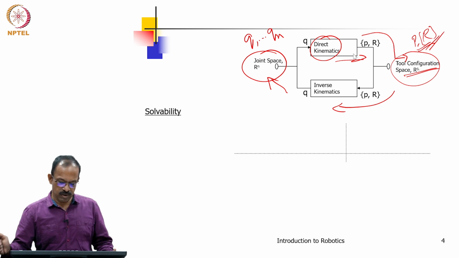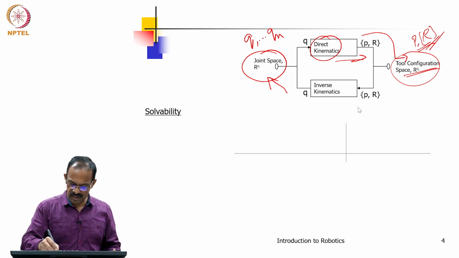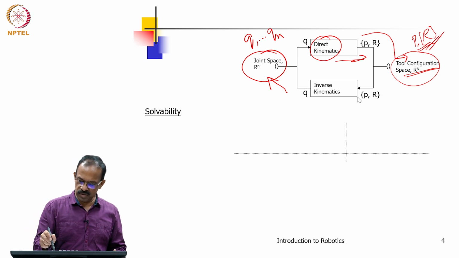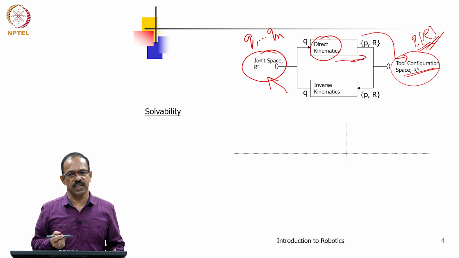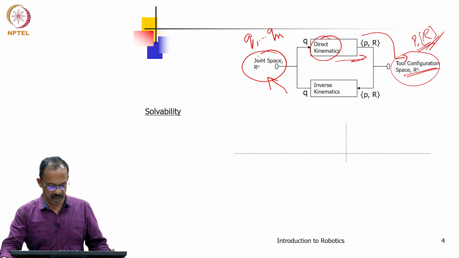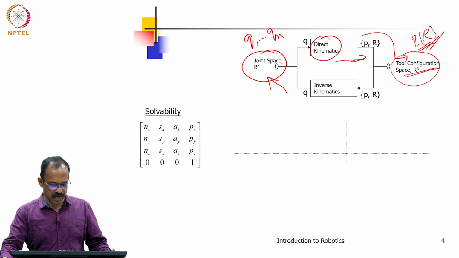Okay. So, now look at the solvability of this relationship. As we know, if P and R are known, then we can use some method to solve for Q. That is the inverse requirement. Now, see how P and R are represented.